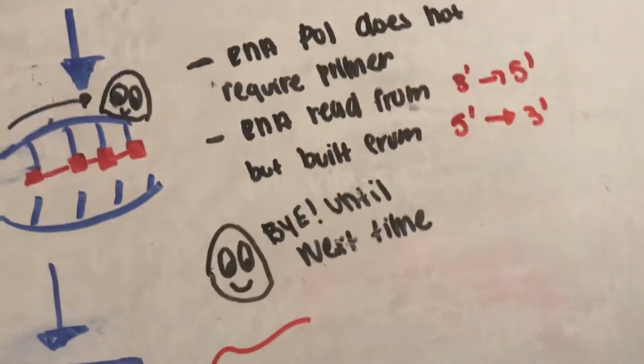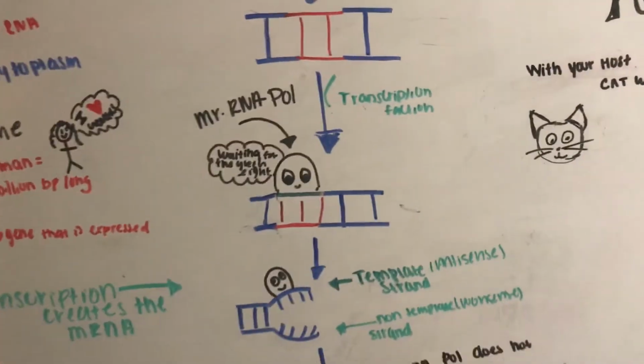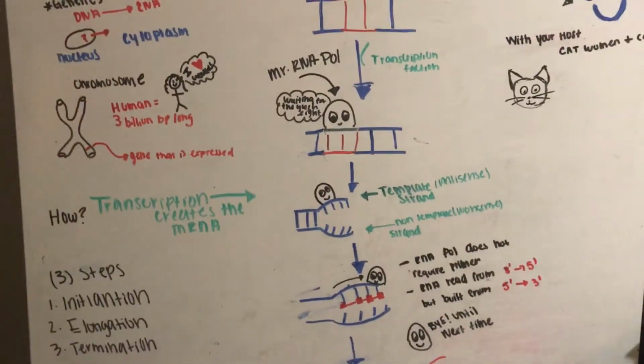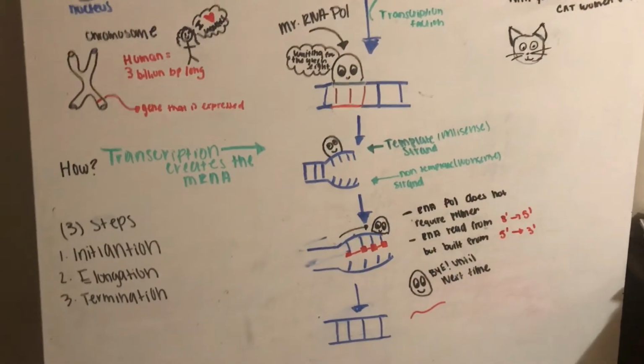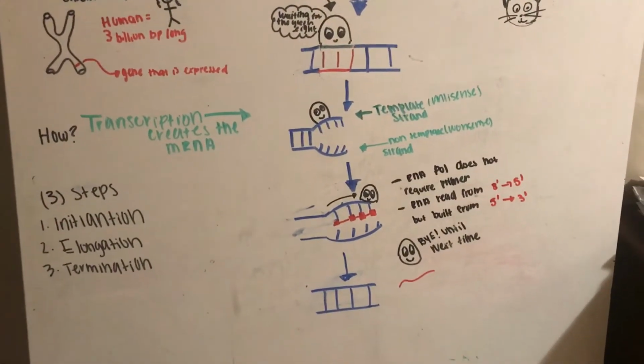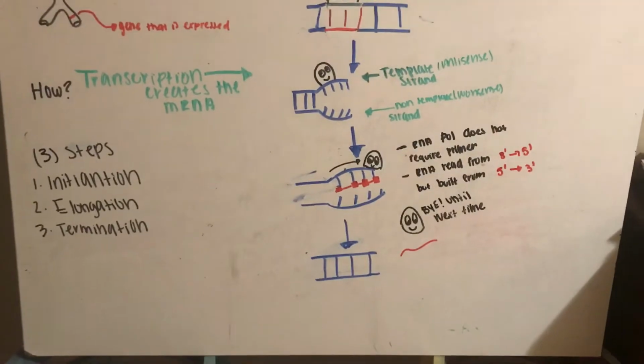This video is just to help give you a small idea of what occurs in transcription. Once you get a basic concept, you can move on to a more complicated method.